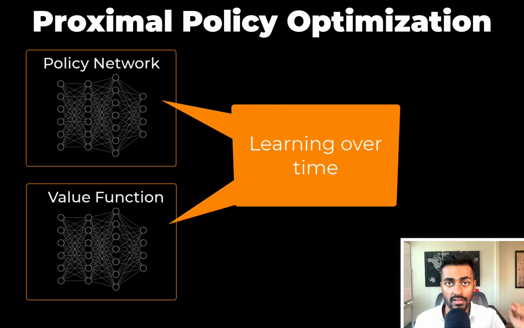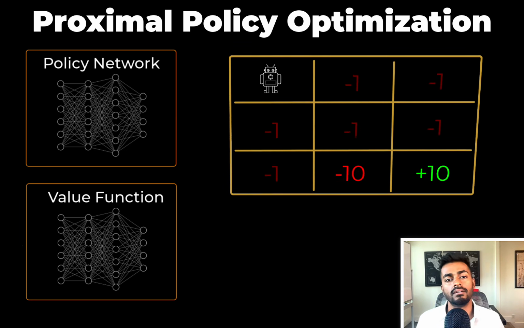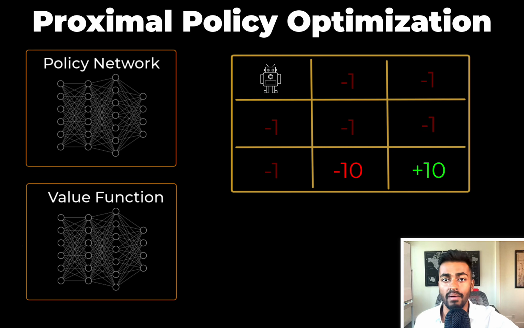Effectively, the policy network and the value function network get better over time as they learn together. And Frank learns to make better and better decisions so that he can get to that plus 10 reward square. And this is an overview of one iteration of proximal policy optimization.